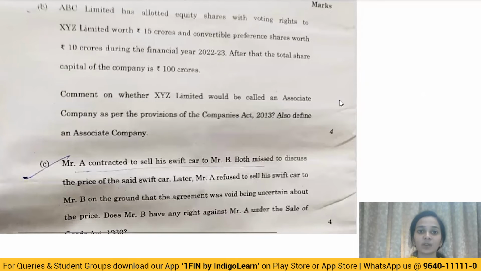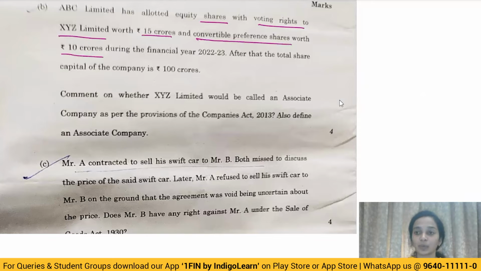ABC Limited has allotted equity shares with voting rights to XYZ Limited worth 15 crores and convertible preference shares worth 10 crores during the financial year 22-23. After that, the total share capital of the company is 100 crores.